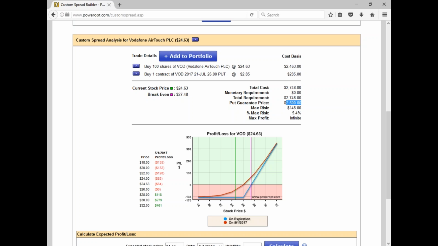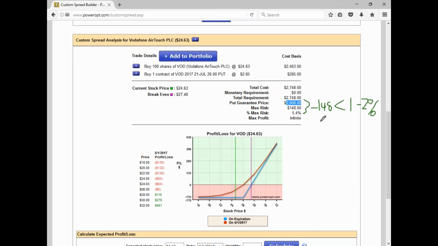So the maximum risk is going to be 1.48, or 5.4% of what I invested into the position. Now, the second layer of position sizing we talk about at radioactive trading is I'd make sure that this monetary risk of 148 does not represent more than 1 to 2% of my total portfolio value.